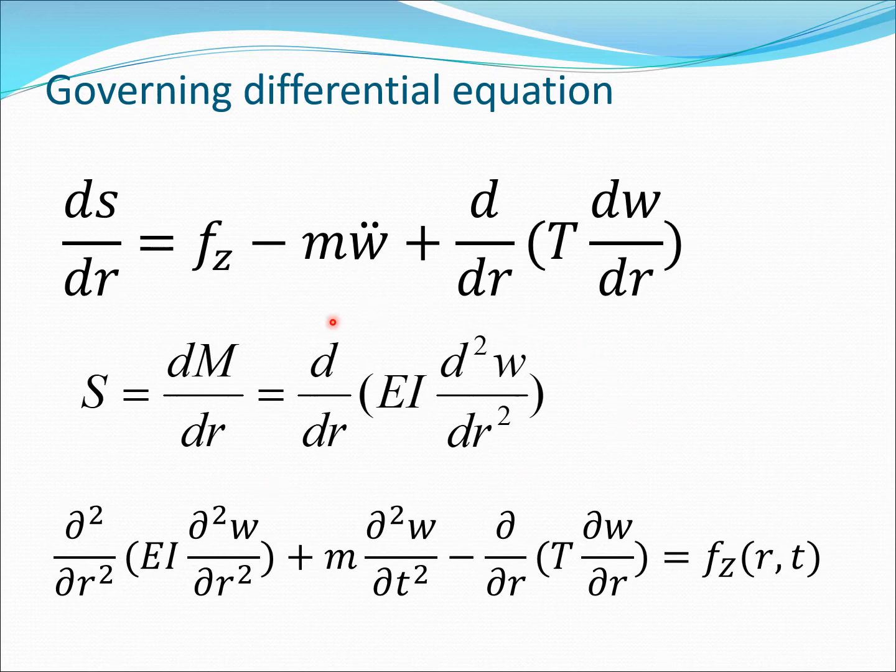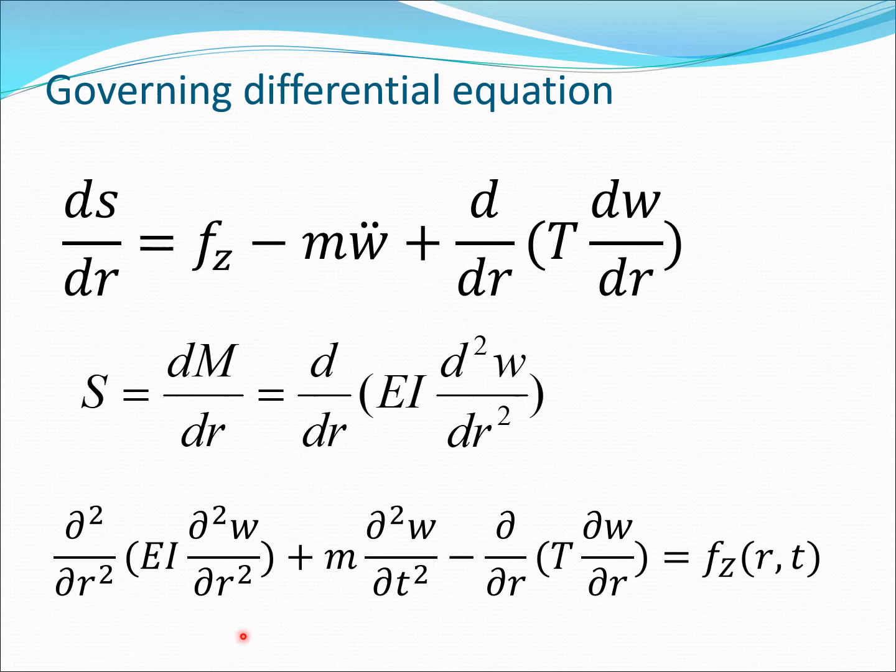So that led us to this equation. And then when we combine these two equations here, we take one more derivative, then we can write this partial differential equation, which essentially governs the behavior of the rotating beam.